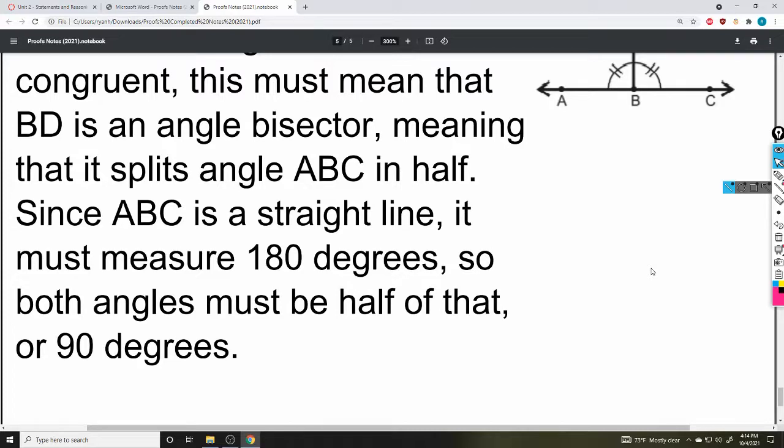And we're explaining how we get from that entire angle being 180 into each angle being 90. We can cut it in half. Why can we cut it in half? Because it's an angle bisector. By definition, that's an angle bisector. And by definition, what an angle bisector does is it cuts the angle in half into two equal pieces.